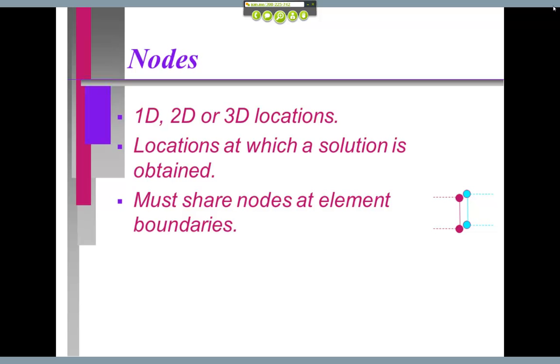If it were an assembly, and the blue represented one part and the red represented an adjoining part, you would need some kind of a connection between the blue and red to transfer the load across the assembly. And so generally you would tie these together with a rigid. Okay.